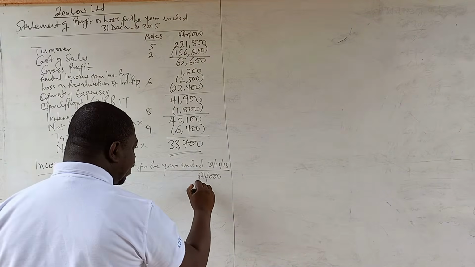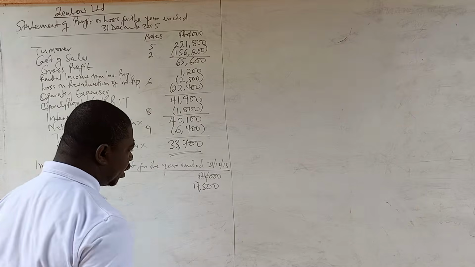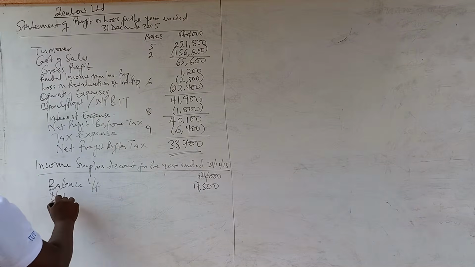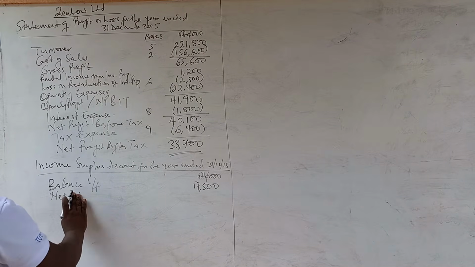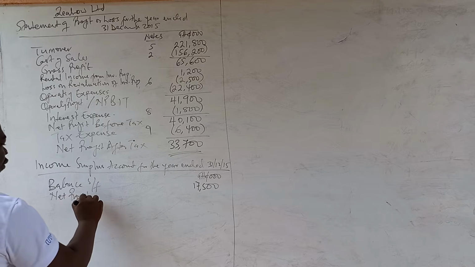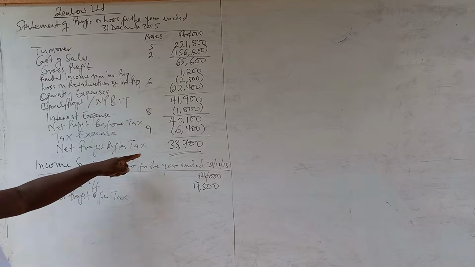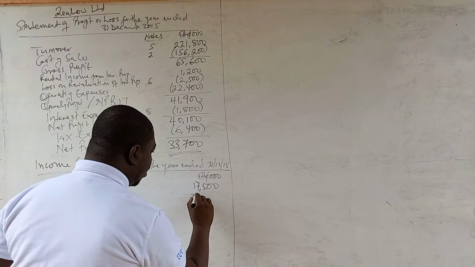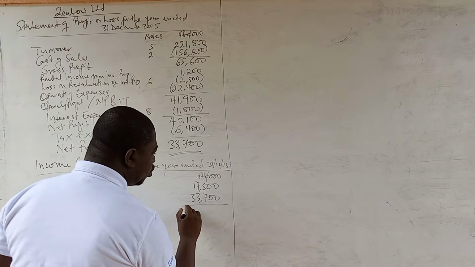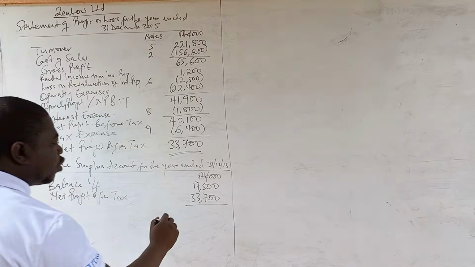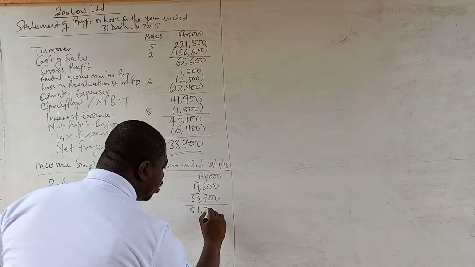So we show that 17,500. And then we add the net profit after tax, which we all know. And the net profit after tax is 33,700. So we add that. And that is going to give us 51,200.